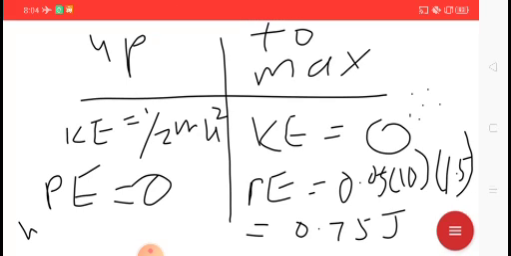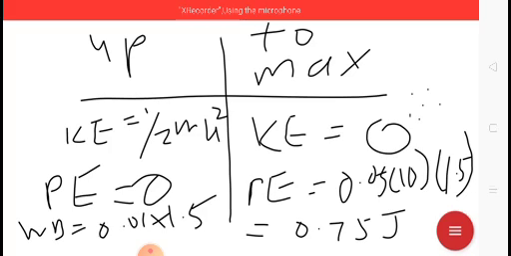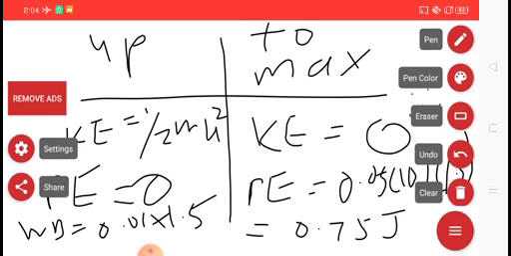The work done to overcome the resistance is 0.01 times 1.5 meter, so you have 0.015 joule in order to overcome the resistance. So these are the energies involved in part 1.